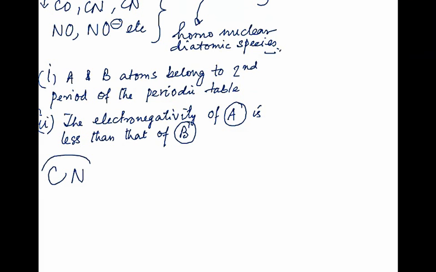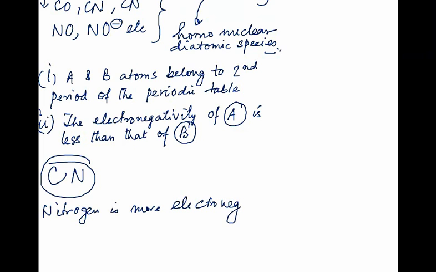Let us compare these particular molecules. If you have CN, we can say that nitrogen is more electronegative than carbon.